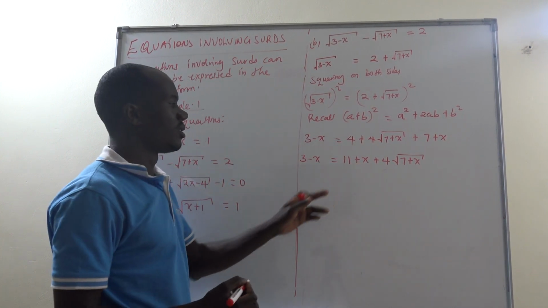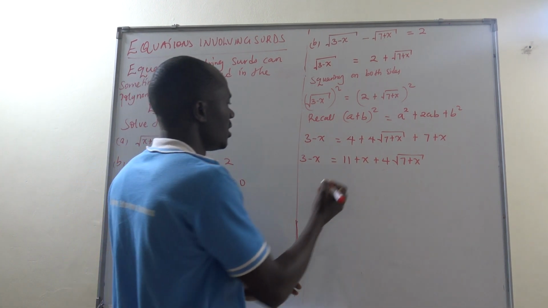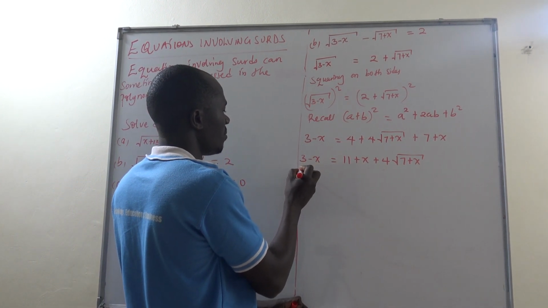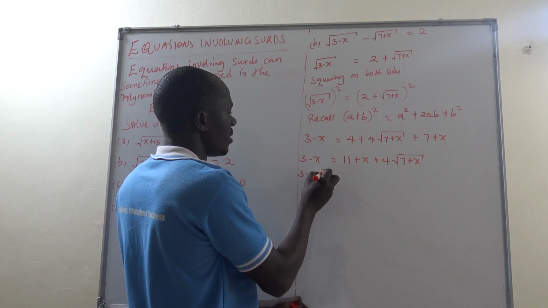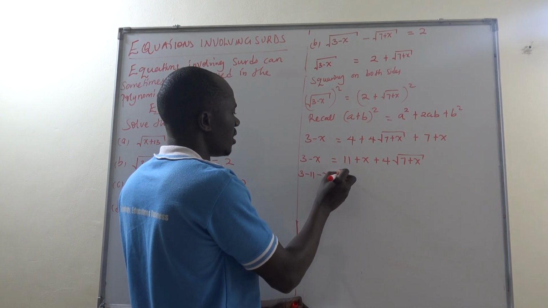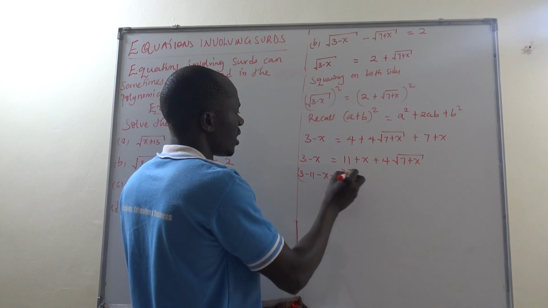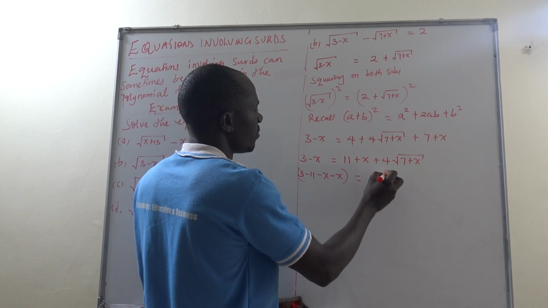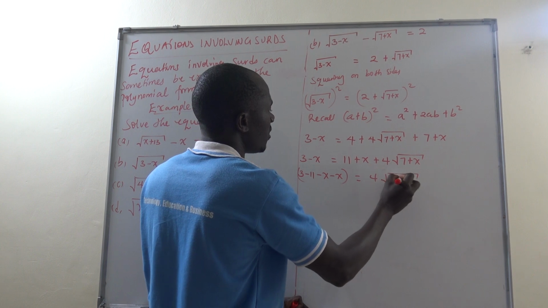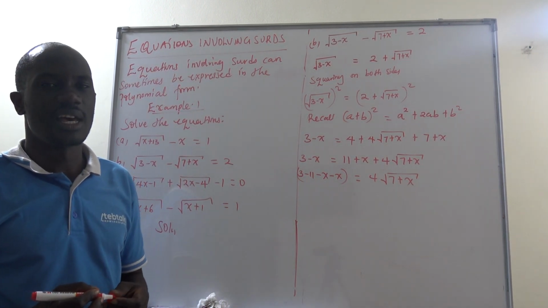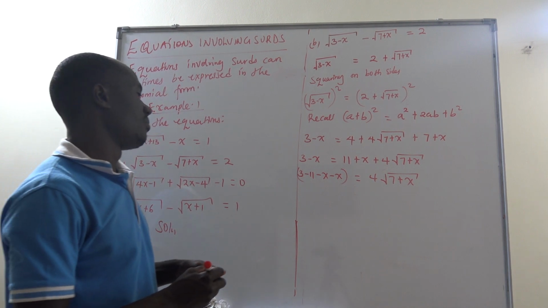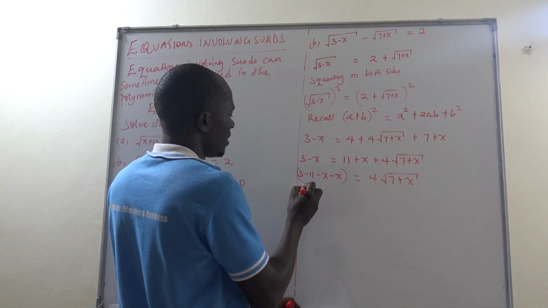We collect like terms, we bring them this side, so I'm going to have 3 minus 11 minus x, again minus x on one side, equals 4 root of 7 plus x. So what is 3 minus 11, class? 3 minus 11, I'm getting negative 8.